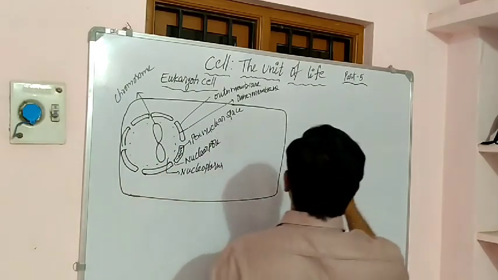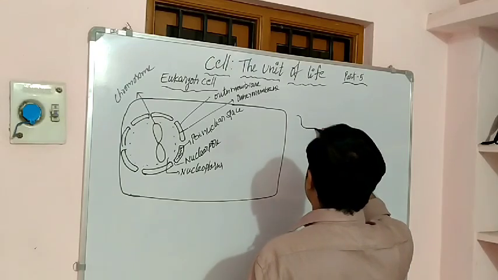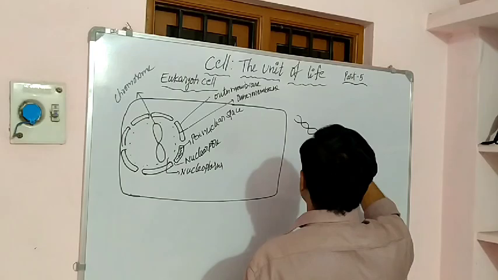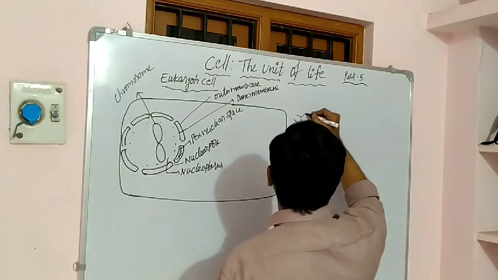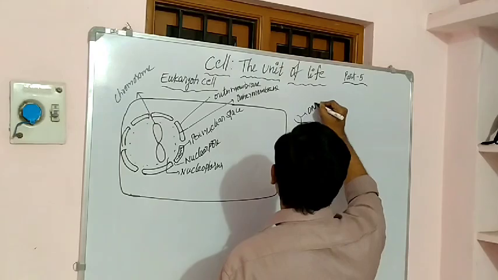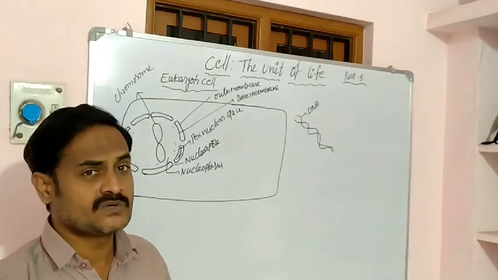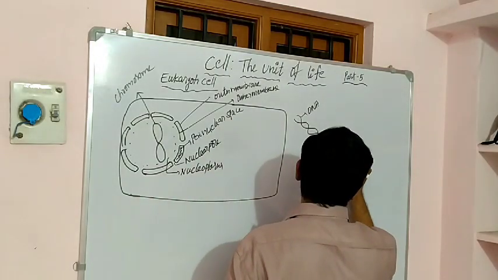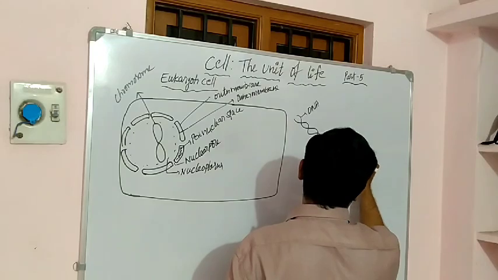First, you know very well, a double stranded DNA is present in the cells like this. Suppose this is DNA, which means deoxyribonucleic acid. Some proteins are also present in the nucleoplasm.